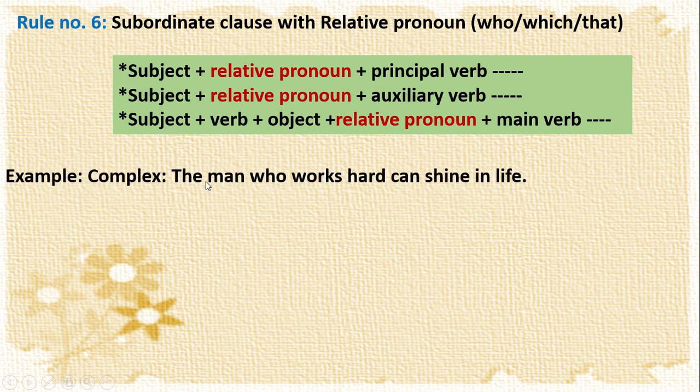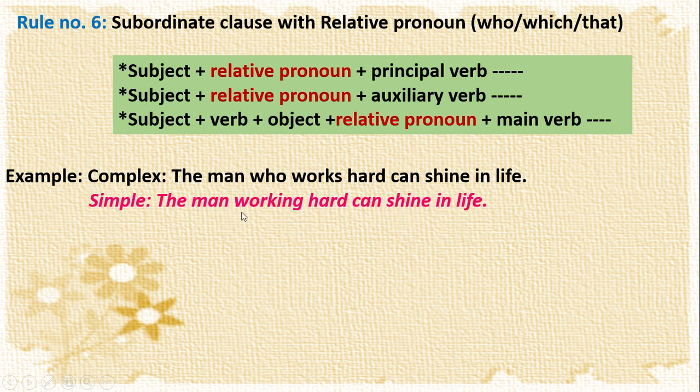Complex sentence is given here. The man who works hard can shine in life. Subject plus relative pronoun, then the principal verb or main verb. So here we'll make it simple just by omitting the relative pronoun and adding ing with the principal verb.